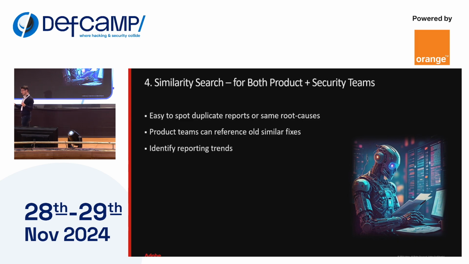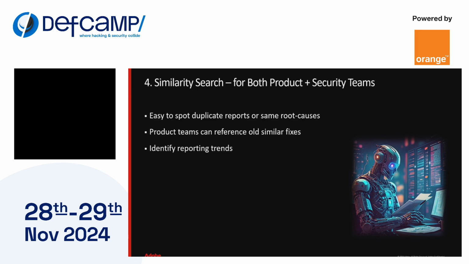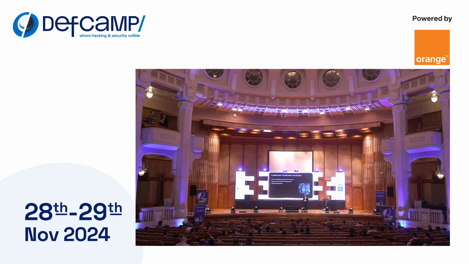So you'll see that there is a finding, and it has a lot of other similarities. Maybe you can identify the root cause, same patterns. So it would be good. Also, product teams can reference some old fixes, because when you receive an old finding, maybe you determine that this is a regression of something else, and you better check out that fix.